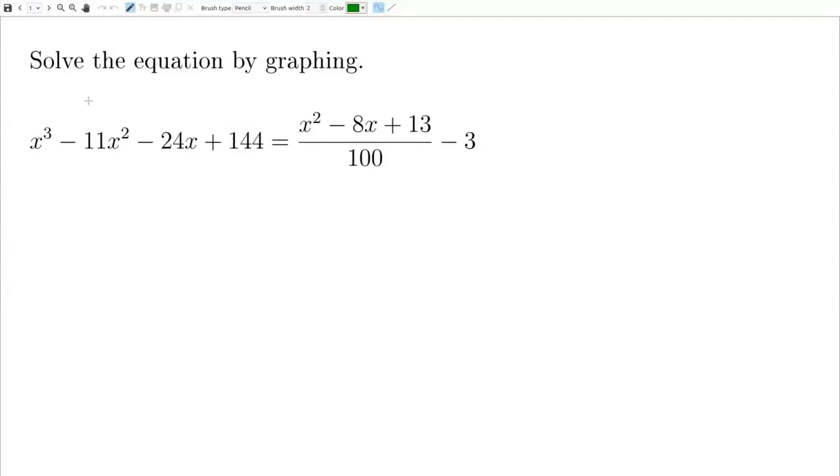To solve an equation by graphing, first graph each side of the equation as if a separate function.